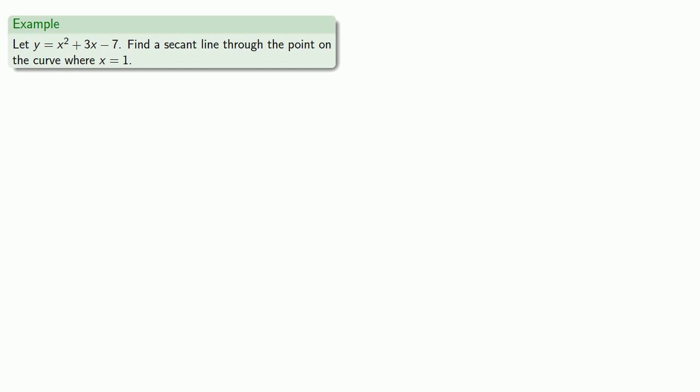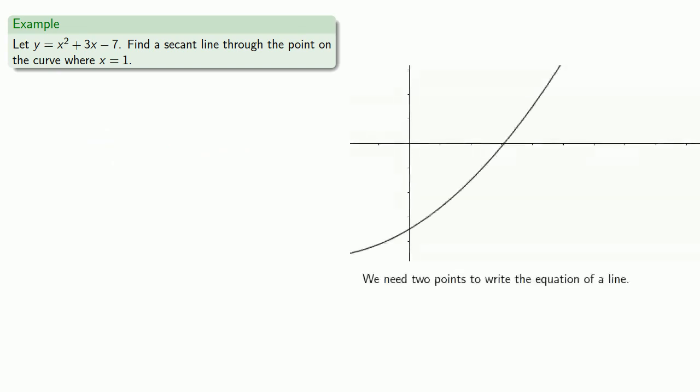Now, it's not necessary, but let's go ahead and put down a graph of our equation. Now, we need 2 points to write the equation of a line, and x equals 1 is a half point. We need the y value. Fortunately, we have a handy equation that tells us what the y value is. And so we find.